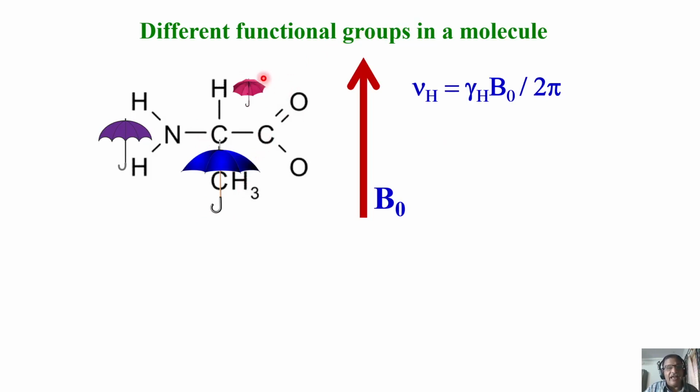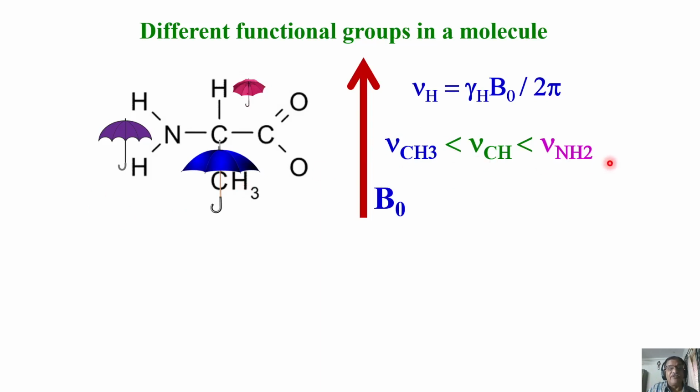In the previous slide, I did not bring in the internal interactions. I said all were the same. That's why I said it will give a single line based on this equation. But now we have understood the internal interactions. As a consequence of different charge distributions, these frequencies are not the same. And I can tell you the resonating frequency for CH3 is less than CH and is less than NH2.